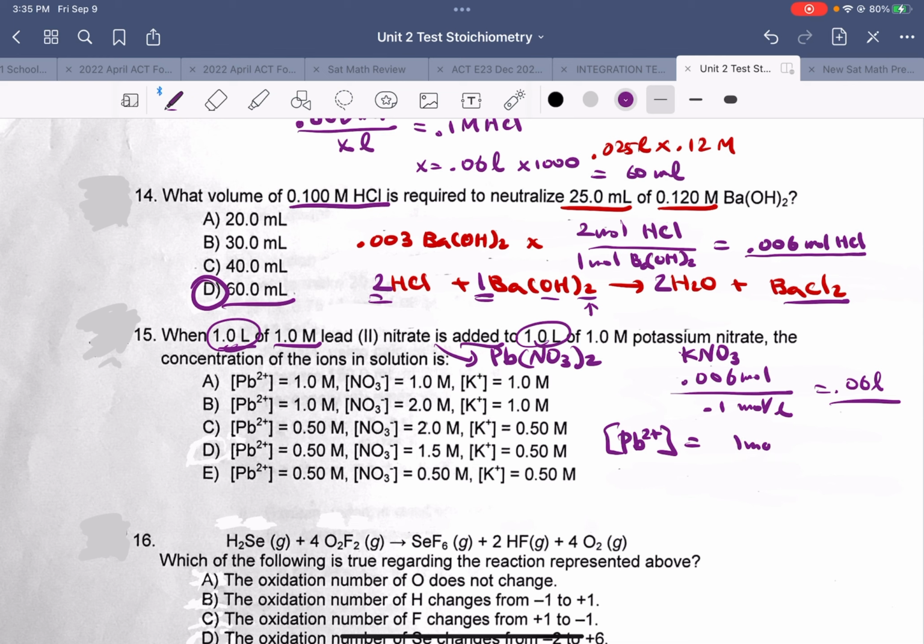So it was 1 mole, but now when you divide by not 1 liter anymore, but 2 liter, because 1 liter plus 1 liter is 2 liter, you have 0.5 molarity. Now, similarly, the potassium ion is also 1 mole, right? But when you add up those 1 liter, so 2 liter, it is also 0.5 molarity of potassium. So both of them are 0.5.